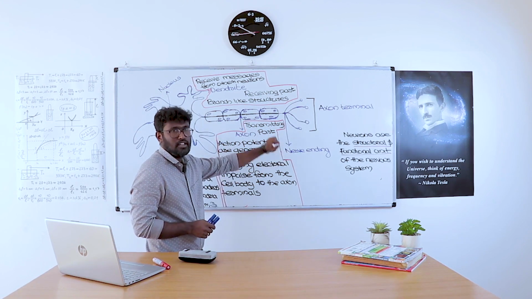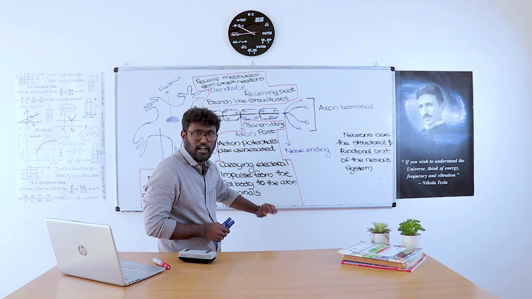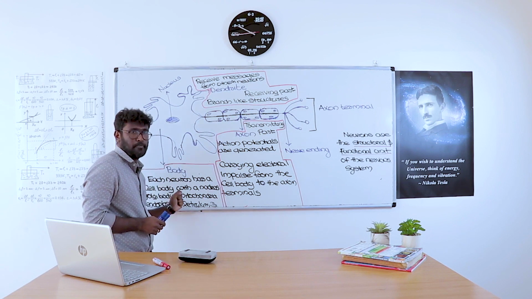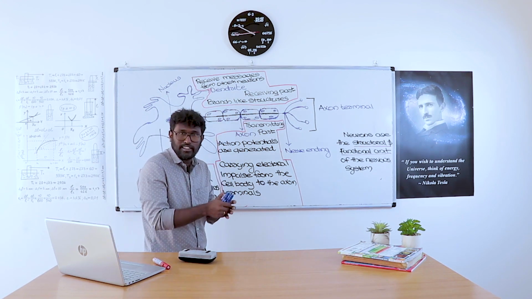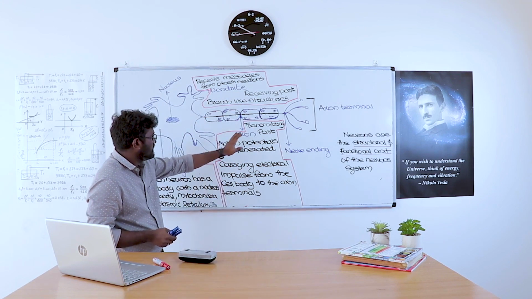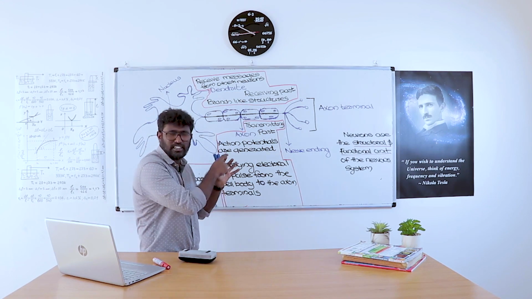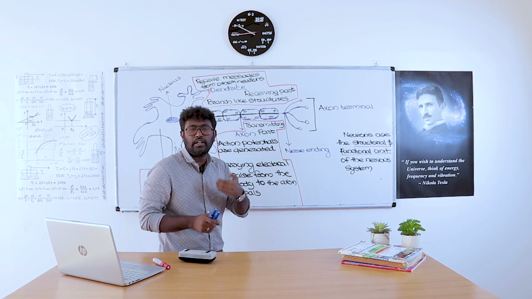Dendrites receive the electrical impulse from other neurons and then transmit that impulse to the cell body. The dendrite is a branch-like structure and the receiving part. These are all the main components. It's an easy, simple diagram.